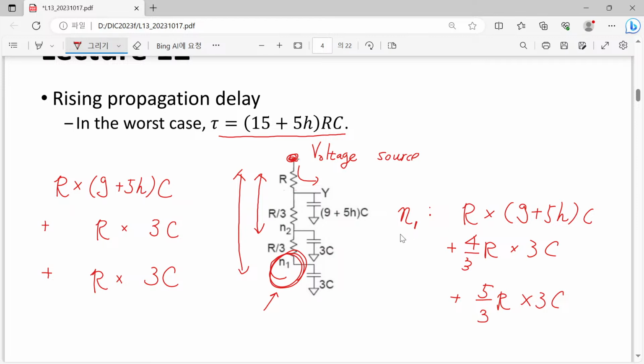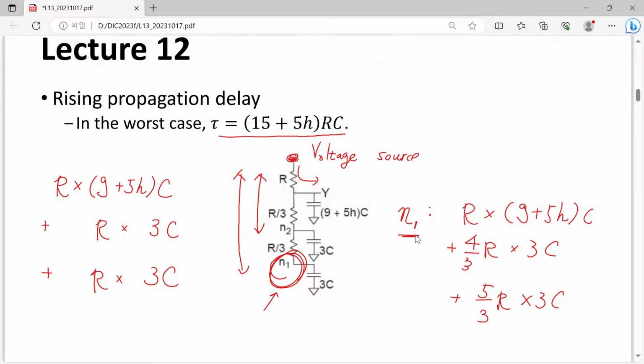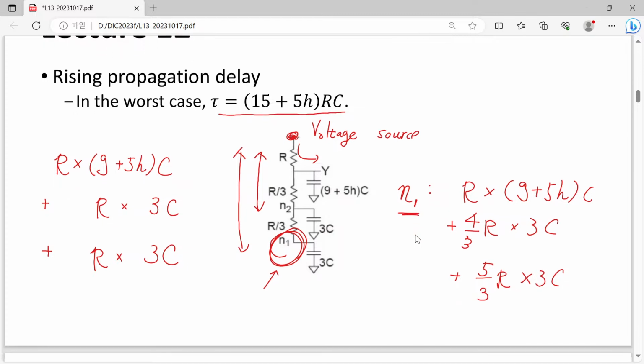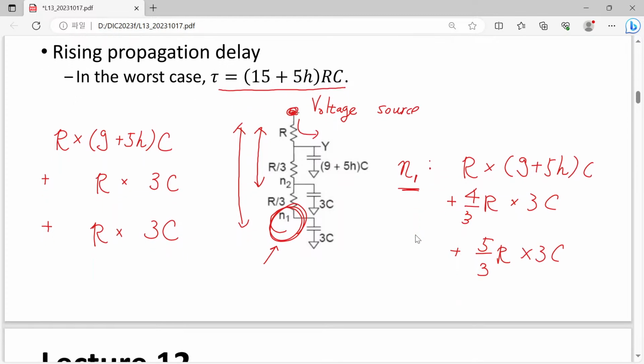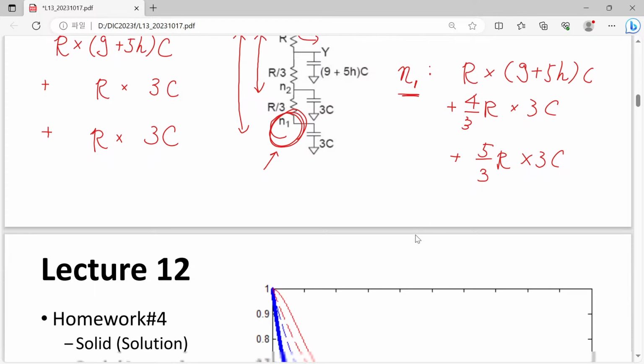That will be the time constant for our N1 node. Okay, now I have corrected my previous lecture contents.